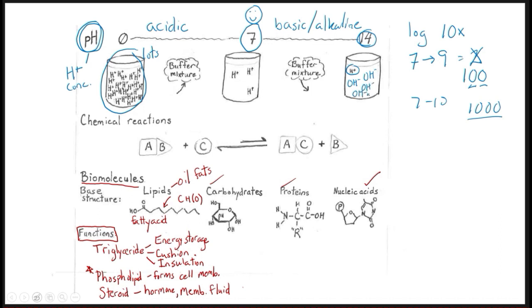So if we take away as many hydrogen ions as possible and put in hydroxides, then we have a really basic solution. That's one way of looking at it. There are other ways, just to be clear. So hydroxide really far outnumbers hydrogen ions as we get more and more basic.